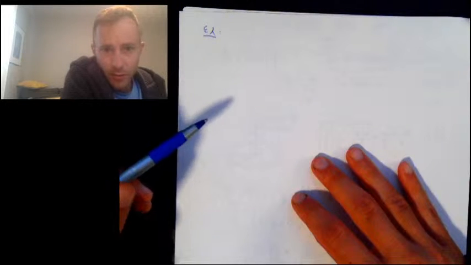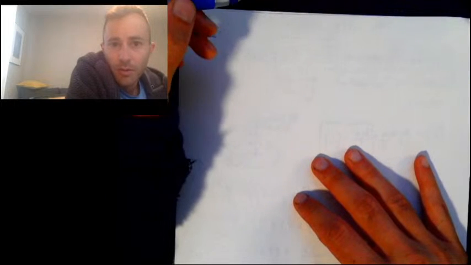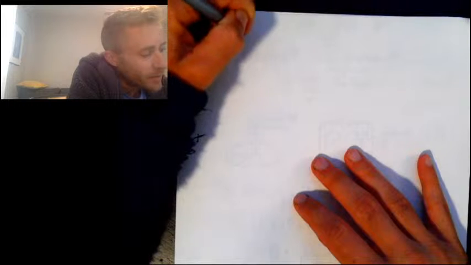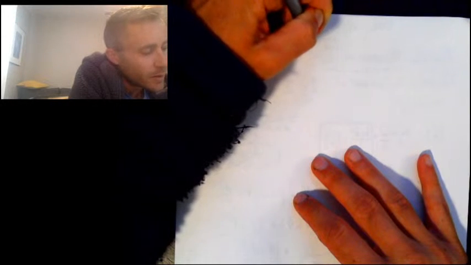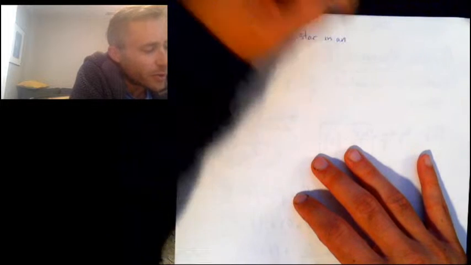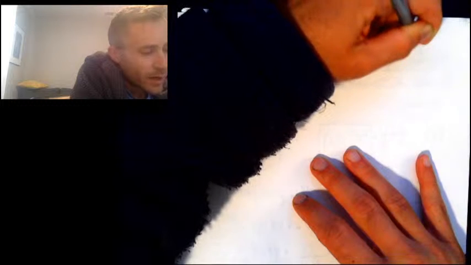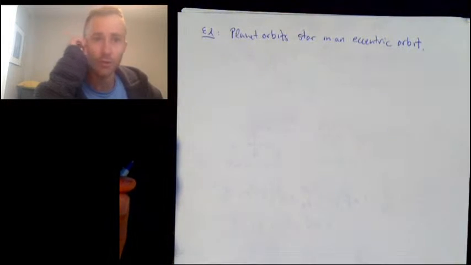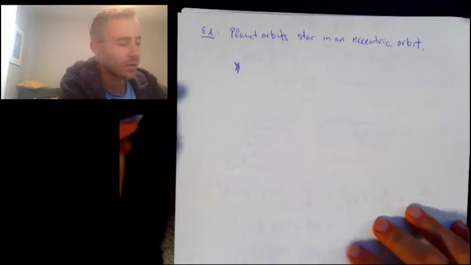One of the ways that angular momentum is often used is when we're talking about a planet orbiting a star, in an eccentric orbit. As you know, orbits are in general not circular. They're actually ovals with the sun at one of the foci of the ellipse. So let's say there's the star.